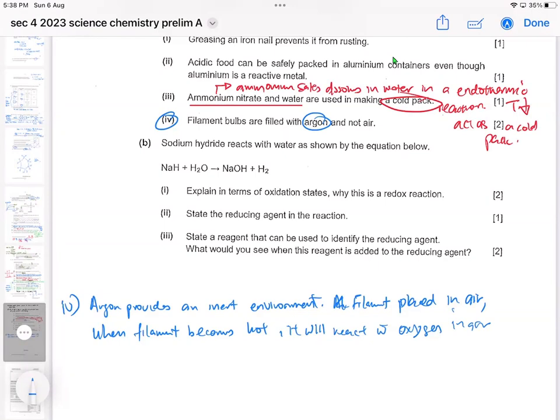Okay, and then when the filament reacts with the air, it will form the oxide of the filament. And when it turns into an oxide, it cannot conduct electricity.